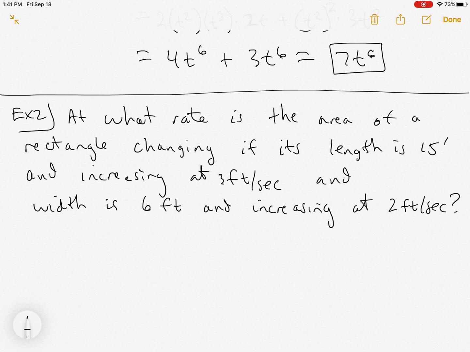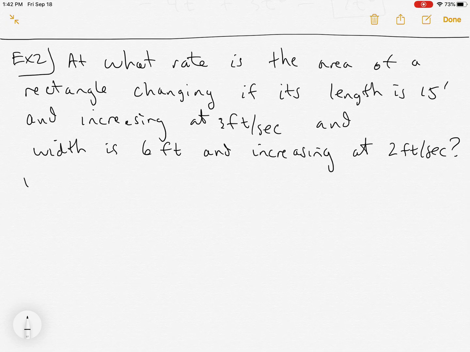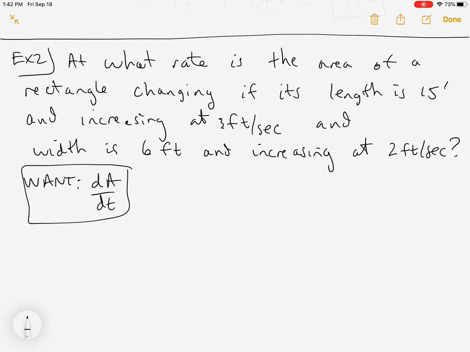So we're looking for what? We're looking for dA dt. That's our mission.